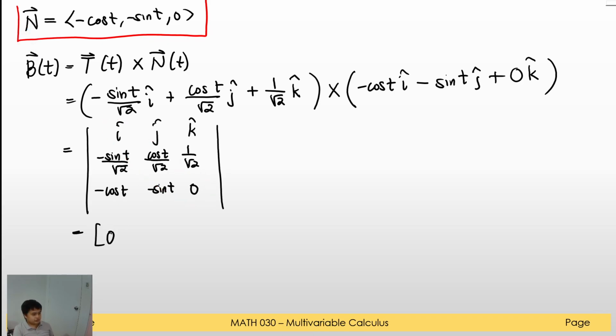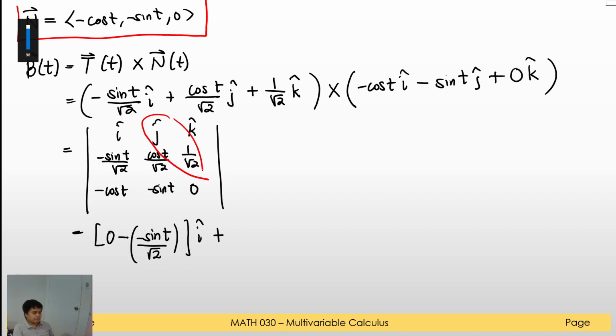So we have here 0, and then tracing this, we have minus negative sine t over the square root of 2, and then we have i hat, and then plus, for the j term, we have this, and then extends to this, negative cosine t over square root of 2, and then we have this and this, so 0, so minus 0.